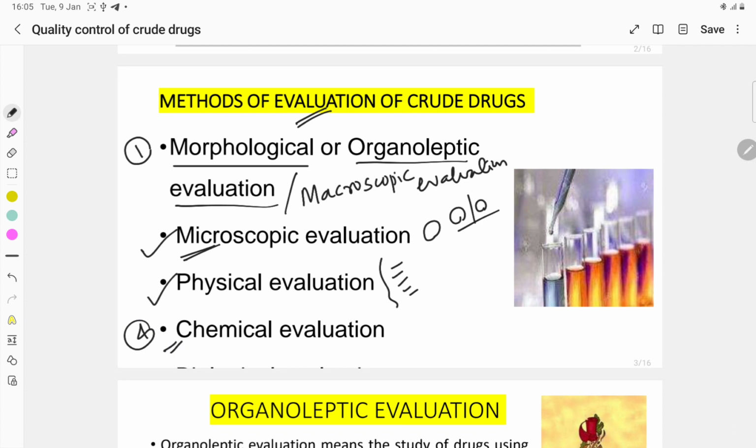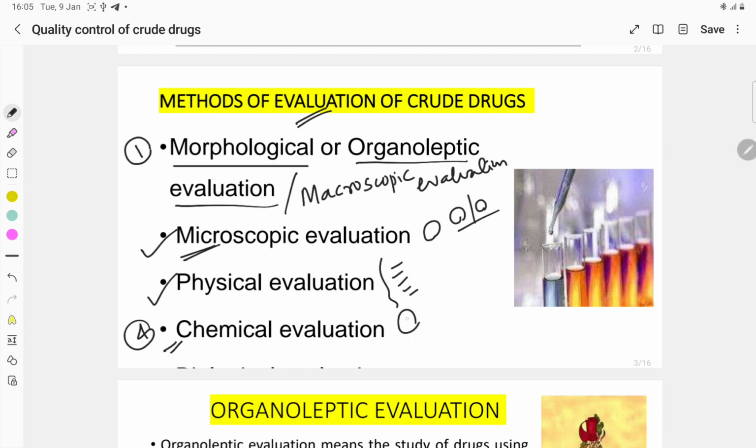What does it mean? Chemical evaluation is a very common procedure that is used to evaluate the drug on the basis of the chemical constituents present in it. We know that the chemicals present in the crude drug are categorized into two categories.